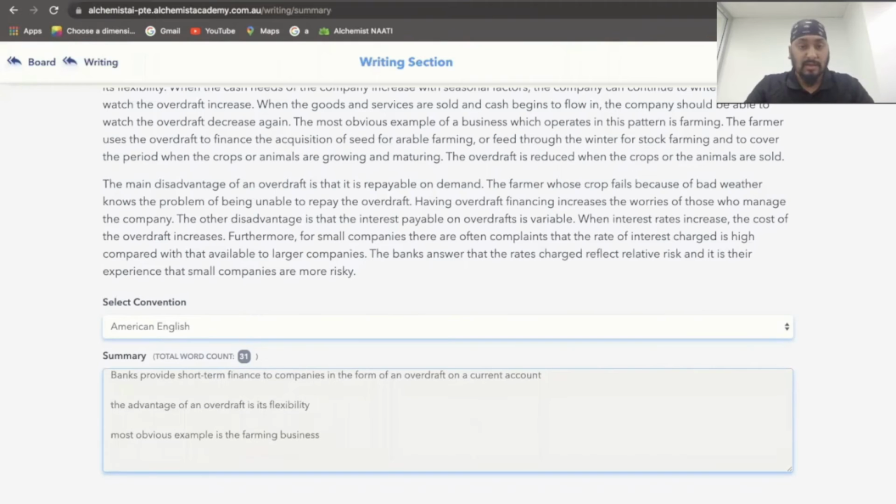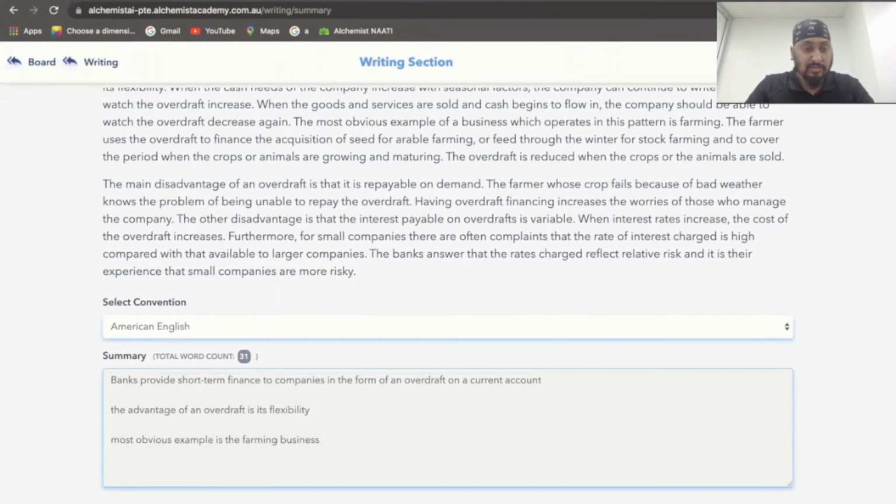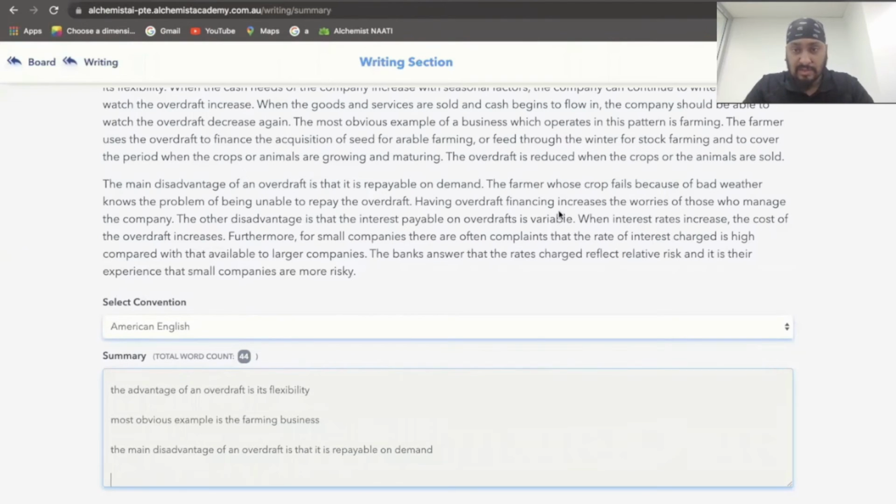And the next thing that I'd like to add is the disadvantages, because that's what I mentioned. So in this case, we can say the main disadvantage of an overdraft. And what was the other thing?